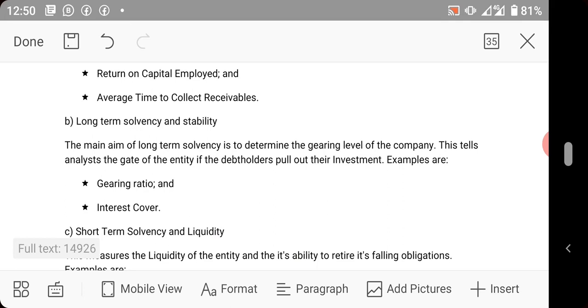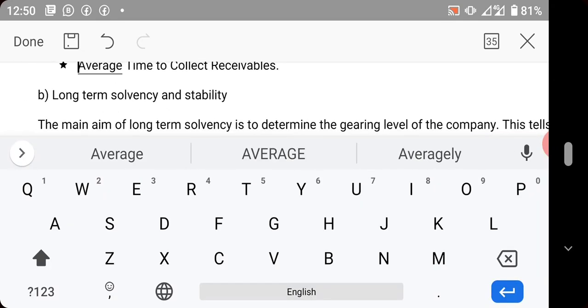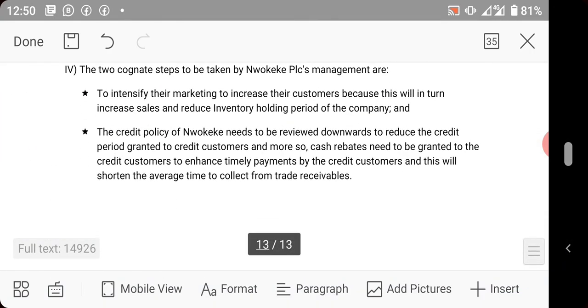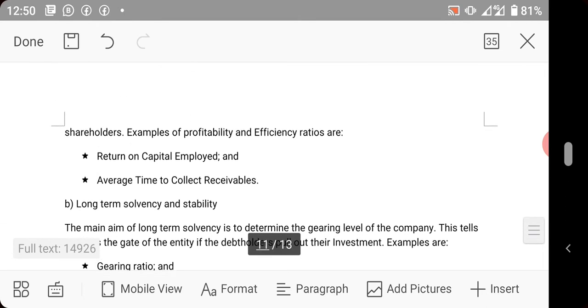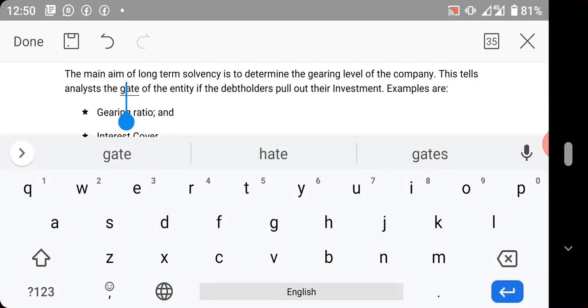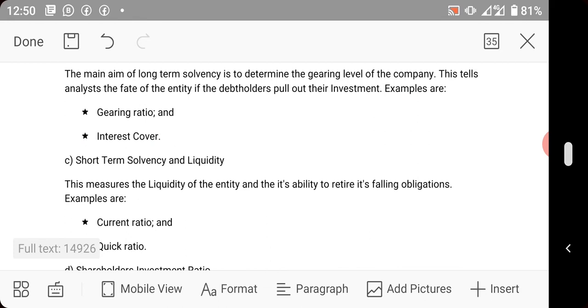This tells analysts the fate of the entity if the debt holders pull out their investments. Examples: gearing ratio, interest cover.